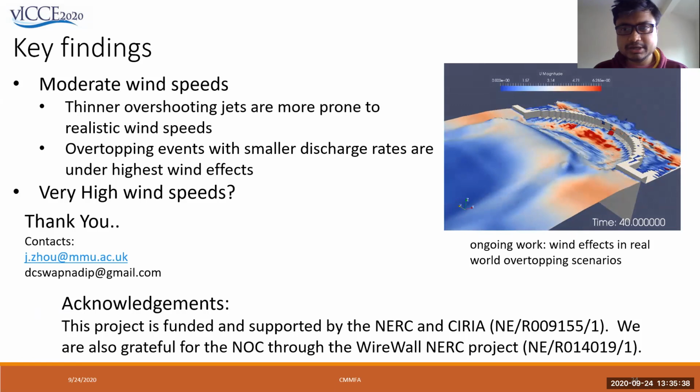But we believe that if the overshooting jet is very thick and the wind speed is also very high, then the overshooting jet can also be similarly sensitive to the wind speed. In our physical model tests, we have not been able to achieve this very high wind speed, but we believe the dynamics of those wind interactions with the thick overshooting jet will be quite different from what we achieve in this study. We also need additional capabilities to handle mixing in our numerical domain.